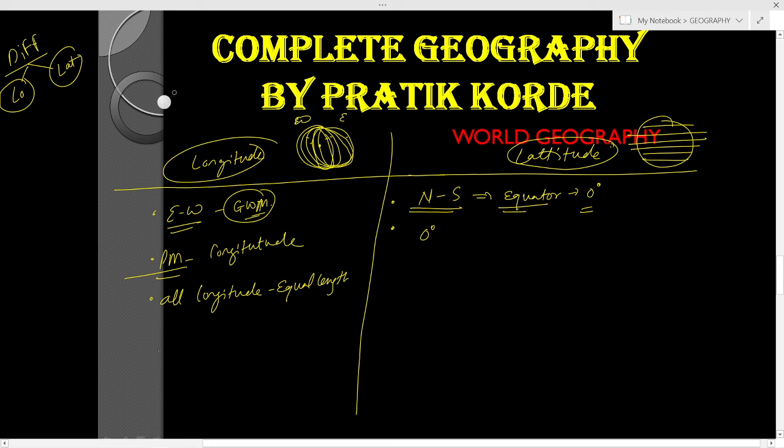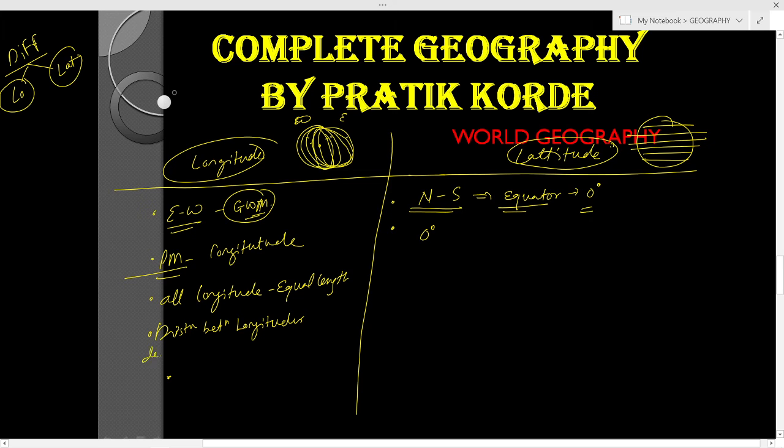But here, the important catch is that the distance between longitudes decreases from the equator to the poles. You see, here the distance is more, here the distance is less. They are merging.